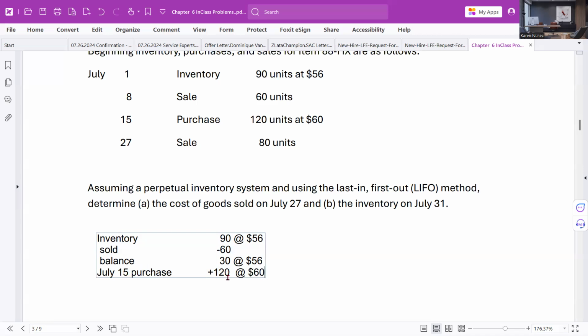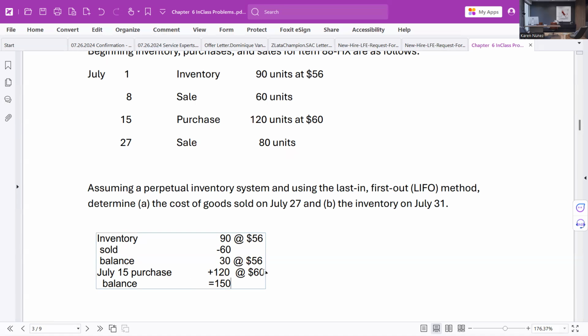So what do we have now? The balance is 150 units. And those 150 units, we got two layers, 30 that cost 56 and 120 that cost 60.